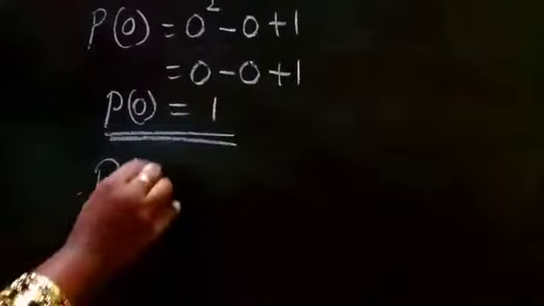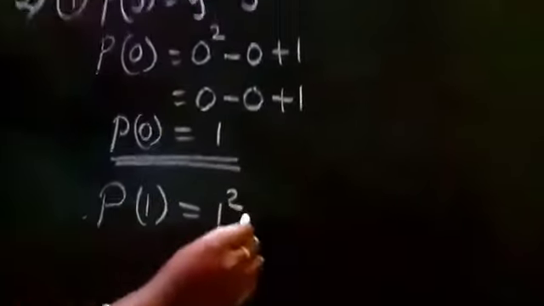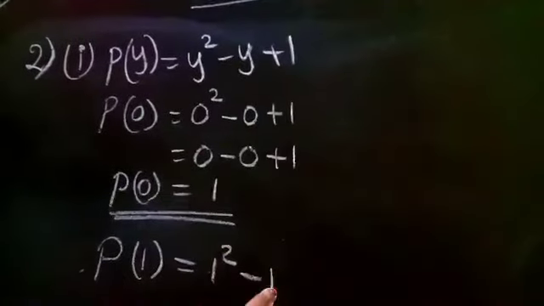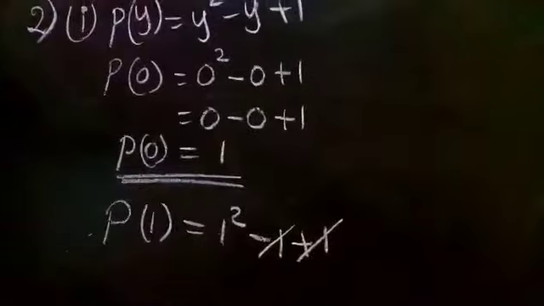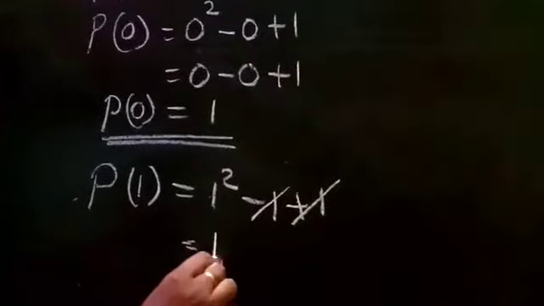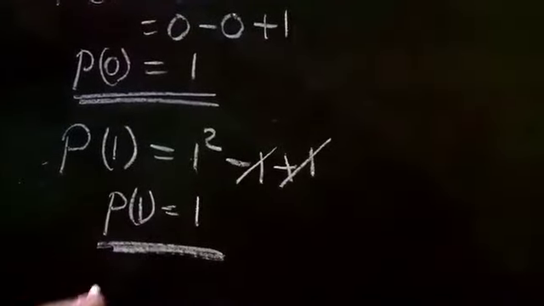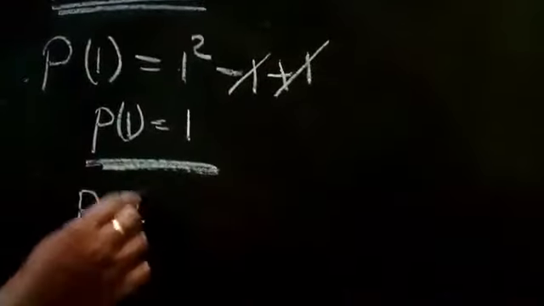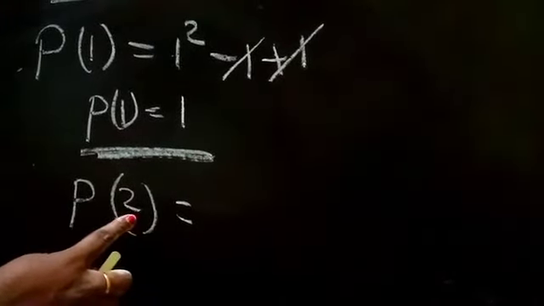Next we have to apply p of 1. So it is 1 square minus 1 plus 1. Plus 1 and minus 1 will get cancelled. 1 square equal to 1 into 1, it is positive 1. So p of 1 equal to 1. Next, p of 2 we have to find. So wherever y is there we have to apply 2.